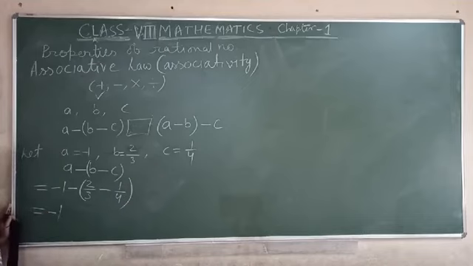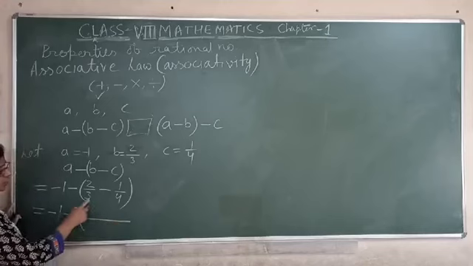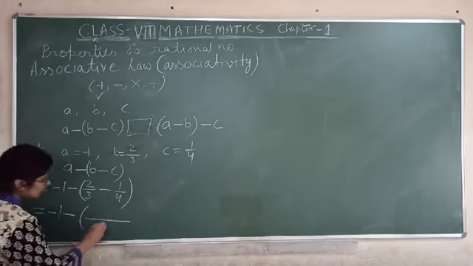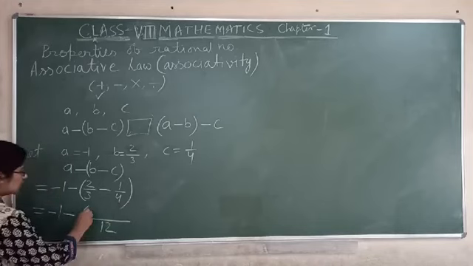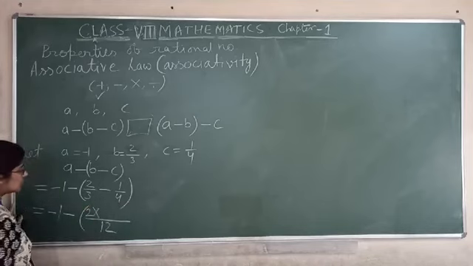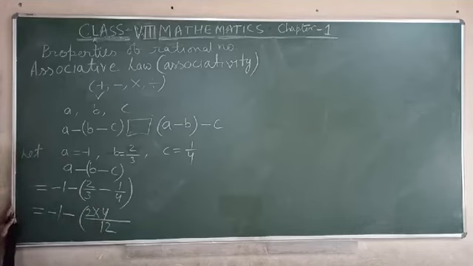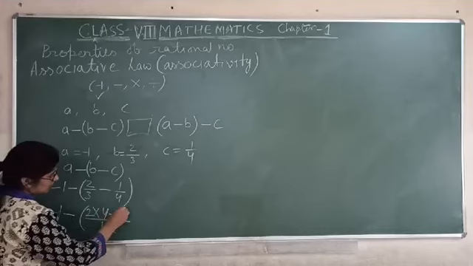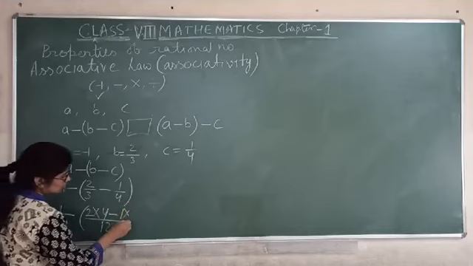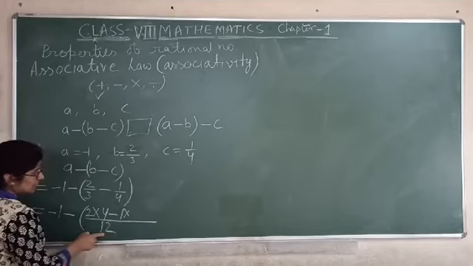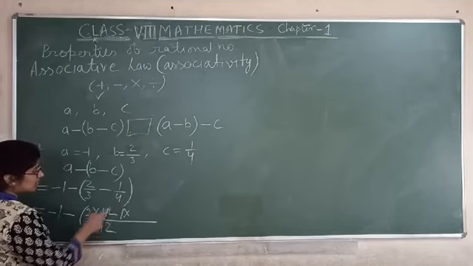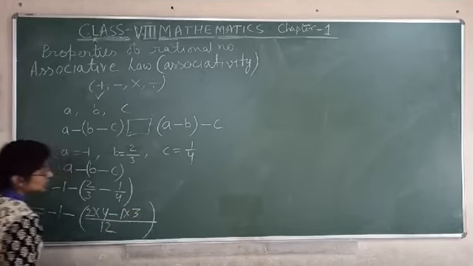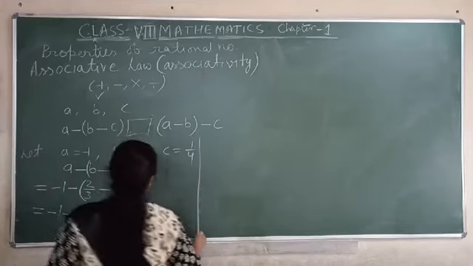So minus 1, minus within bracket. 3 and 4 are co-prime numbers, so directly you multiply 3 times 4, which is 12, so the LCM will be 12. 2 into 12 divided by 3 is 8. Minus 1 into LCM 12 divided by 4, when we divide 12 by 4 you will get 3.